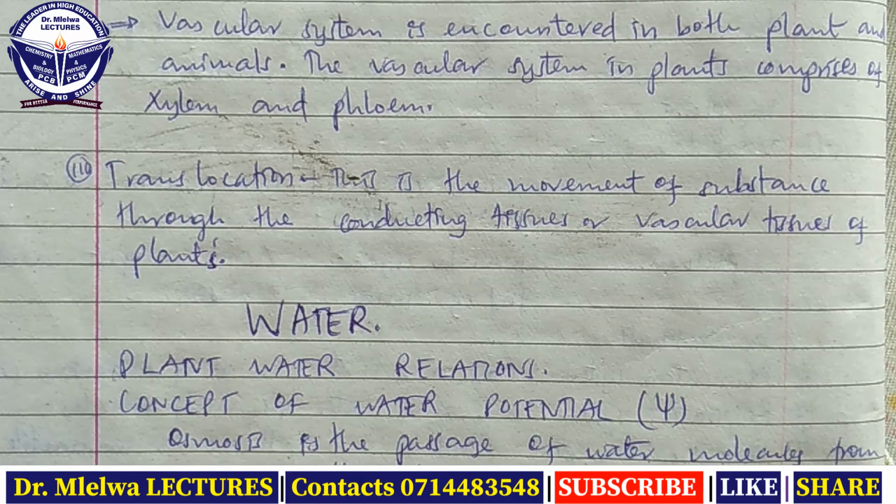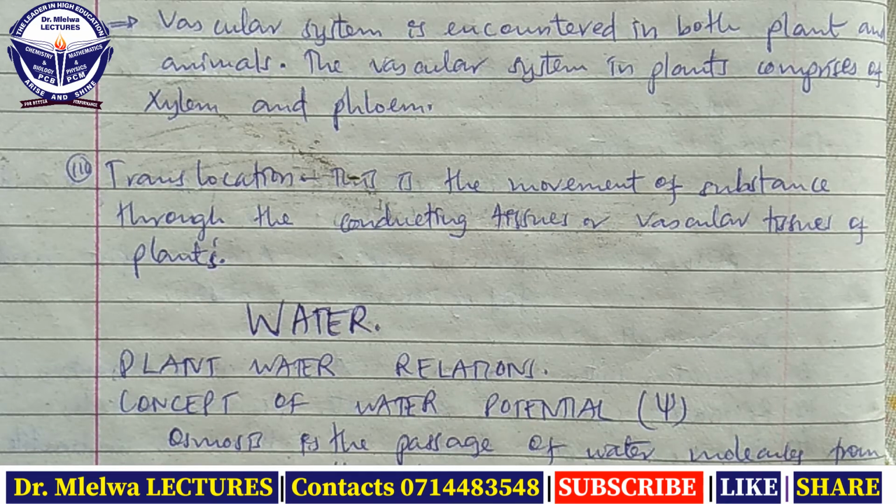So if you are asked to explain the theories for translocation in plants, and you know that translocation is the movement of substances through conducting tissues or vascular tissues of a plant, and you know there are two categories of vascular tissues, the xylem and the phloem, how will you tackle this question? How will you answer it?